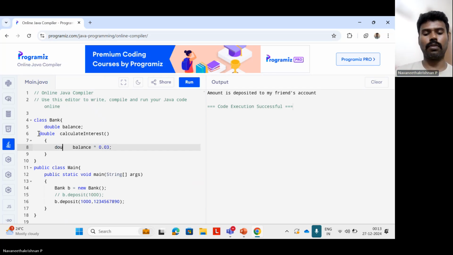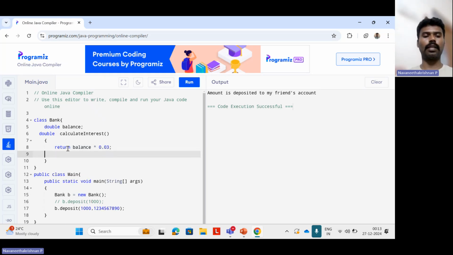So the method returns balance multiplied by this 3% interest. Now this is a parent class, correct?